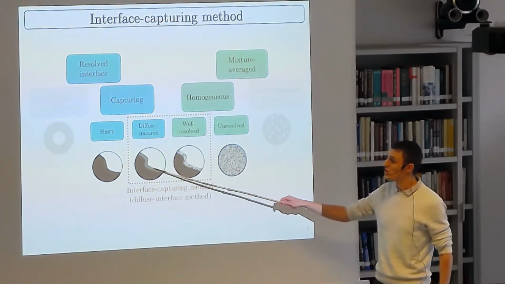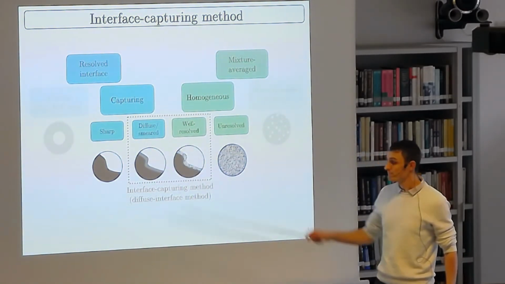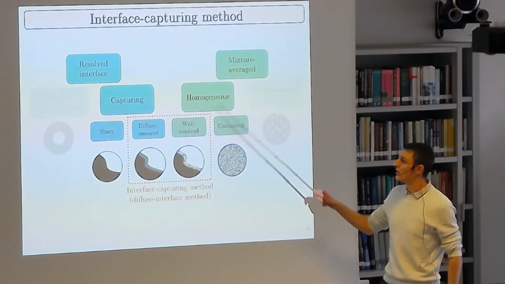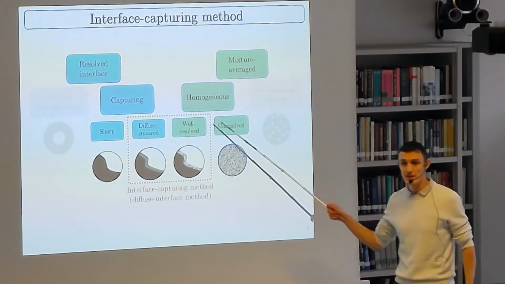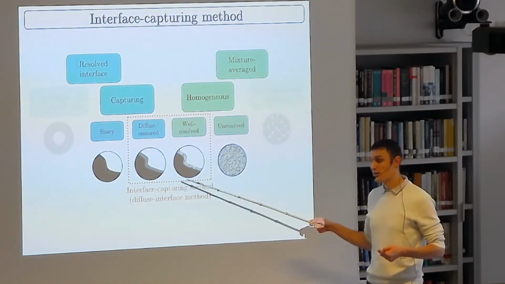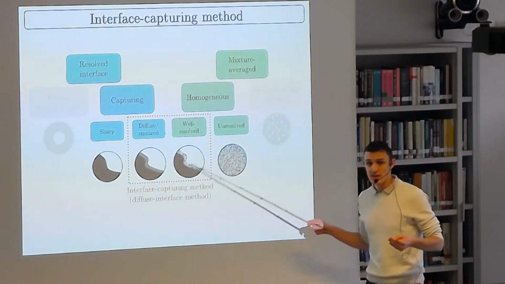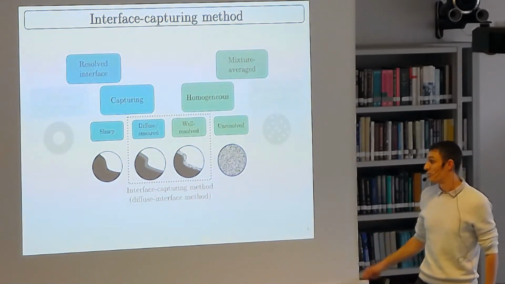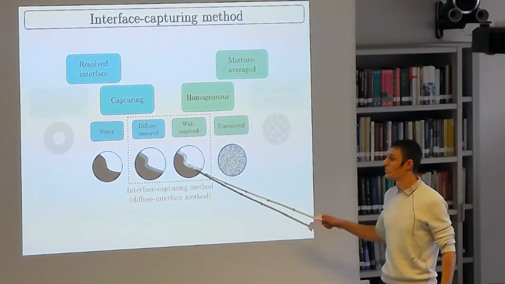You have a mixture region between the two. And if we take a homogeneous modeling approach, and if you resolve it enough, then you can reproduce the same type of behavior. You still have a mixture between two pure fluids.